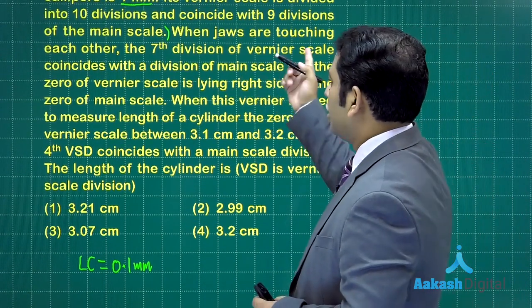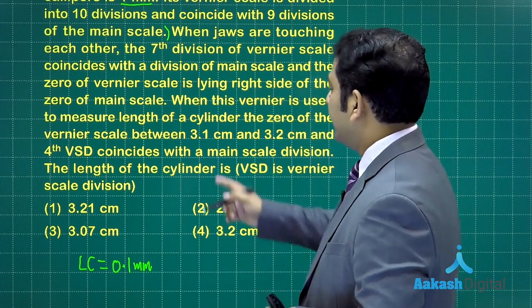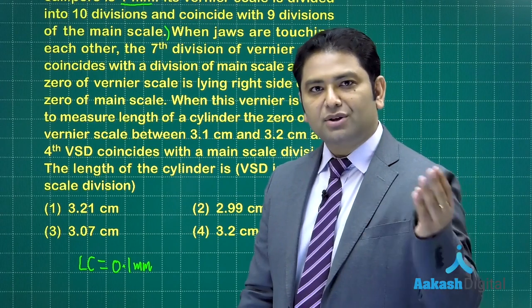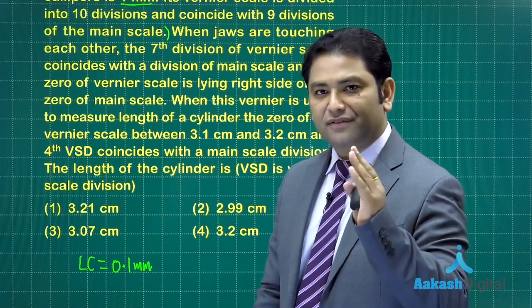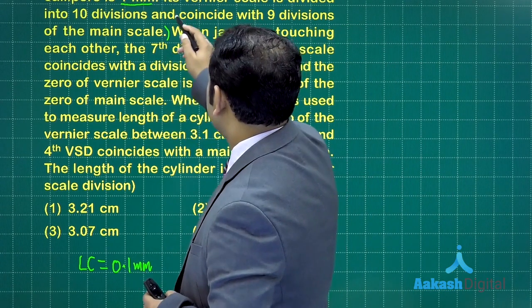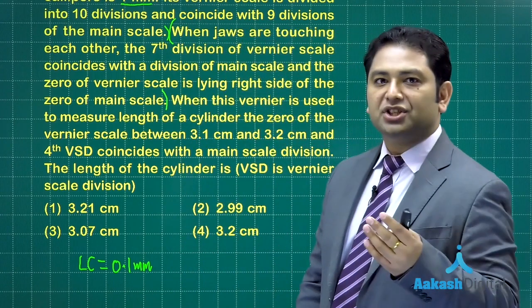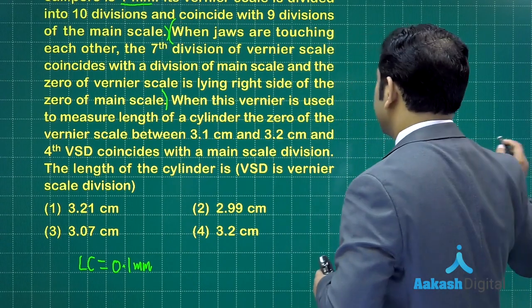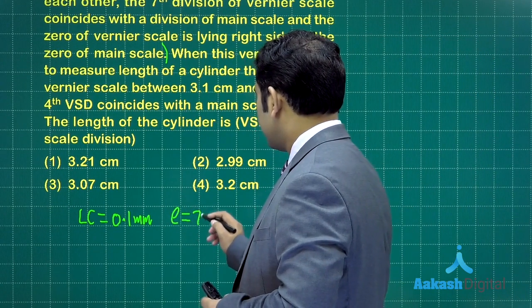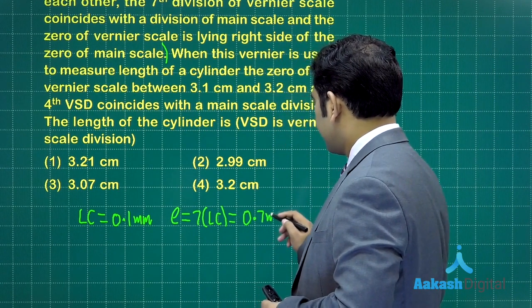It says when the jaws are touching, the 7th division of the vernier coincides with a division of the main scale and 0 of the vernier is lying to the right side of the 0 of the main scale. So clearly it's a case of positive 0 error. If we make another segment from here to this particular point, it gives us the information about the 0 error. So let's say the 7th division is coinciding. That means the 0 error is going to be 7 multiplied by the least count, so that will be a straightforward 0.7 millimeter.